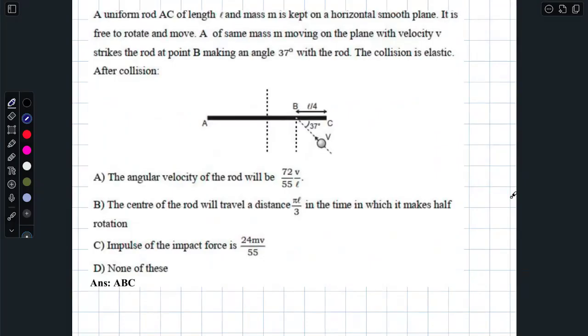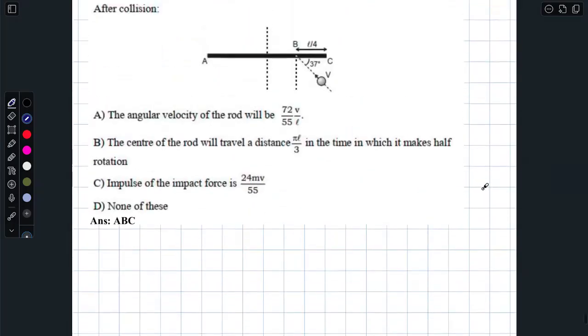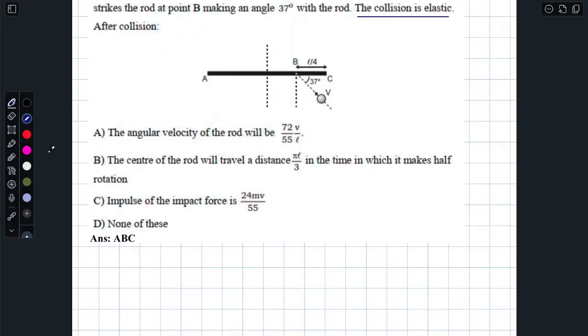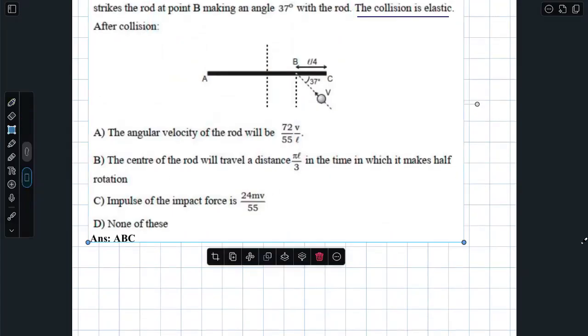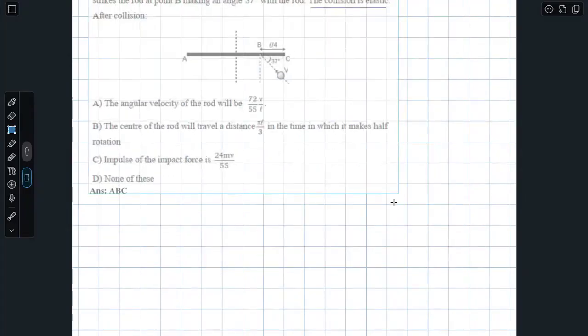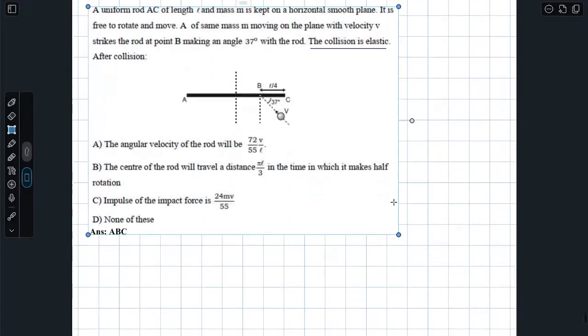You can see that some mass is striking this. Collision is elastic. Very, very good question, and there is a high probability of such questions being asked.